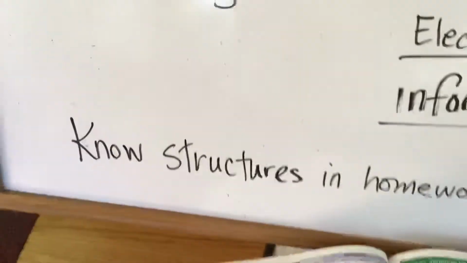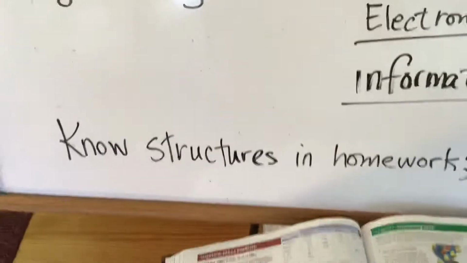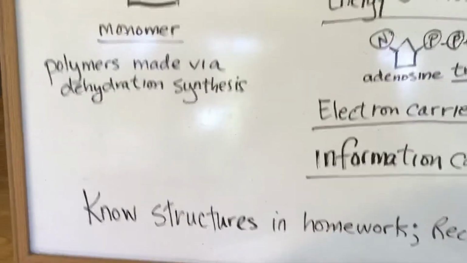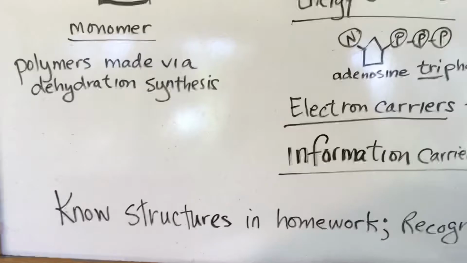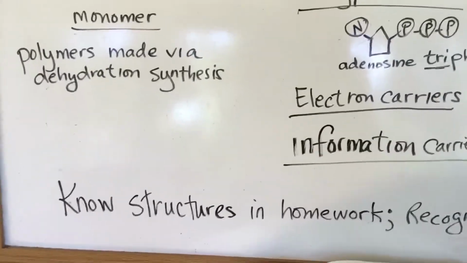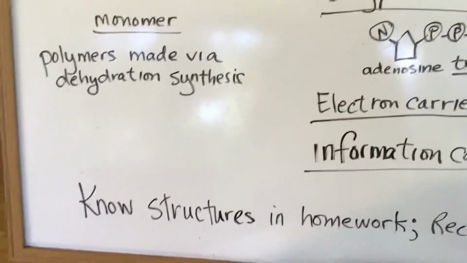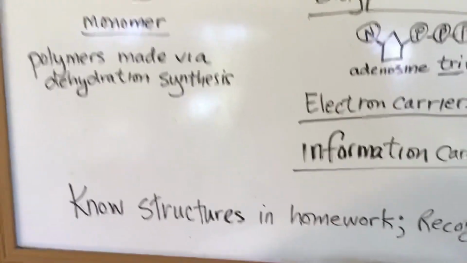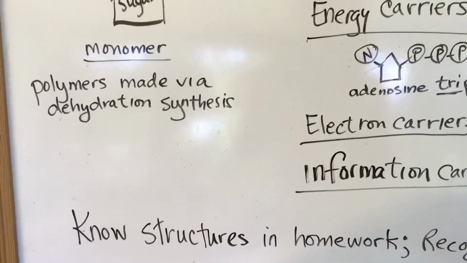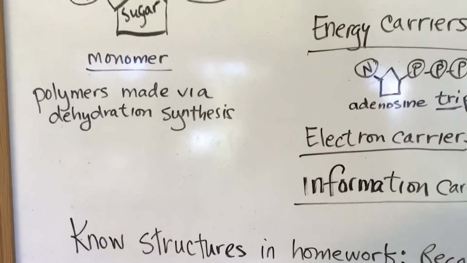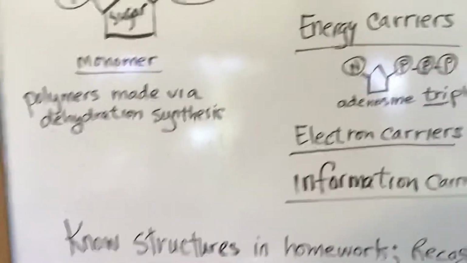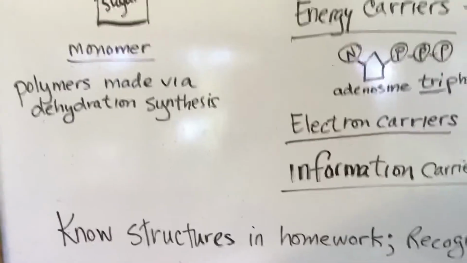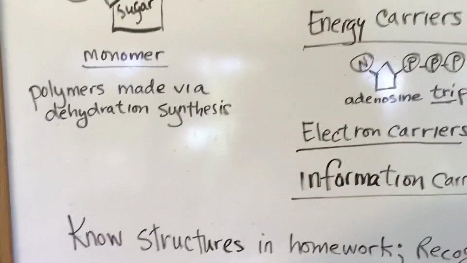Also, another thing I wanted to finish up with in this organic molecule section is that in the homeworks I gave you structures to recognize. You don't have to draw out the structures that I've been giving you, like the monomers and the polymers, but you should be able to recognize, say, a sugar versus a nucleic acid or a protein, or I'm sorry, amino acids is what I meant to say, and what the differences are.